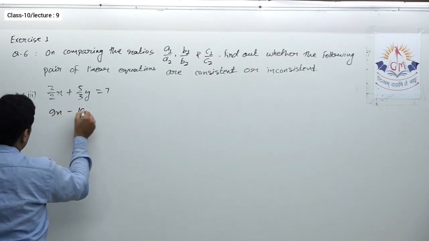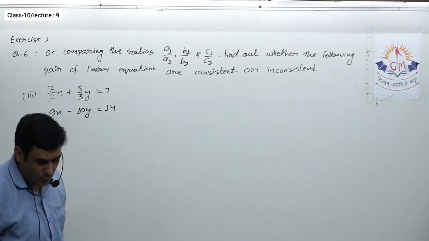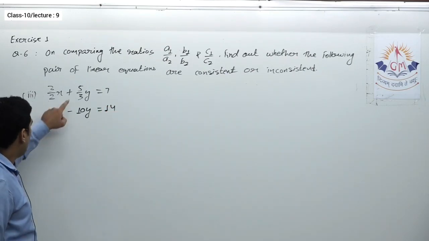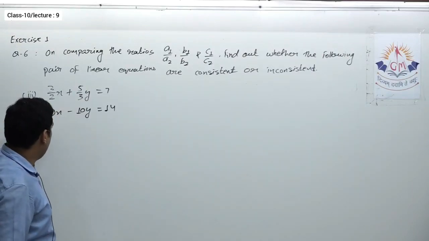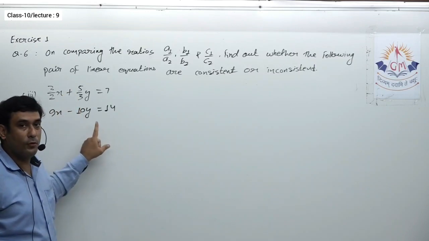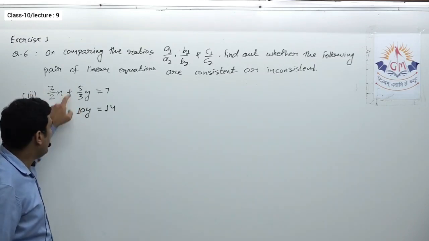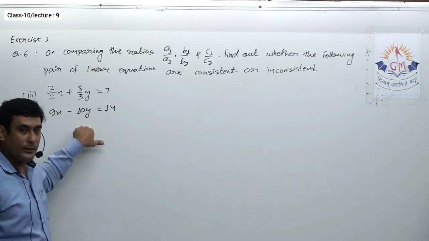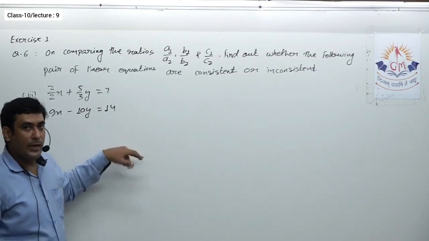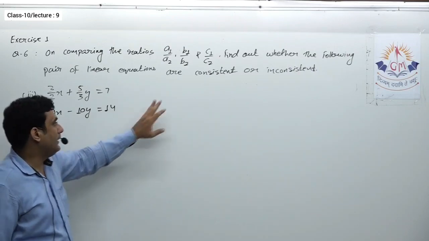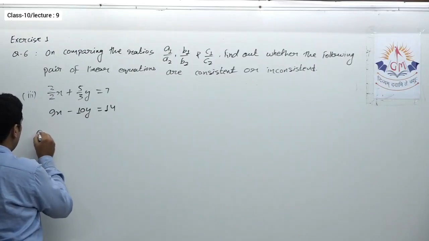Now the very first thing that I can observe over here is that the coefficient of y is positive in one and negative in the other. So obviously a1 upon a2 is not going to be equal to b1 upon b2, because a1 upon a2 will be positive and b1 upon b2 is going to be negative. So obviously this pair of linear equations has a unique solution, and that means consistent, but still let us solve it properly.